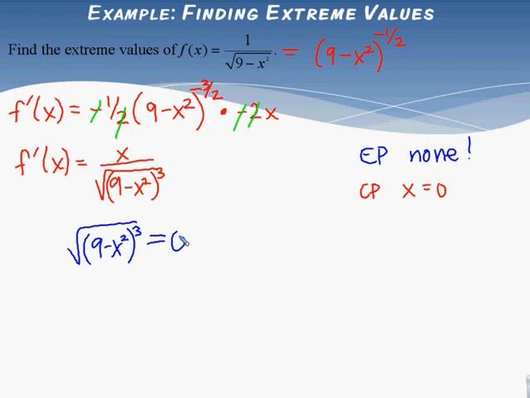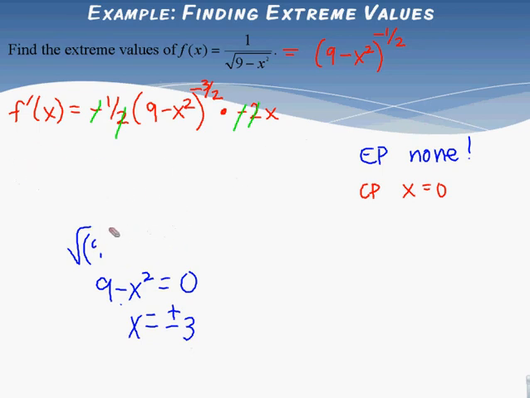When I cube root both sides, I'll still get 0. You should be okay with the fact of me jumping to this point. Okay? When I solve this, x will equal plus or minus 3. Well, if you remember, plus or minus 3 isn't even in our domain, so it cannot be critical points that we pick to check. So the only thing we have to worry about here, folks, is our one critical point.